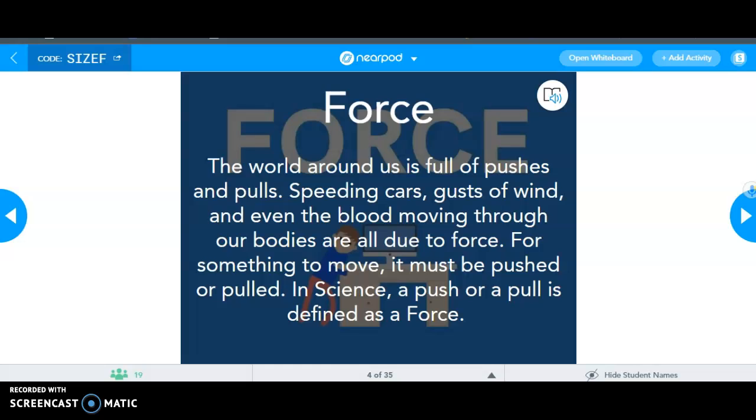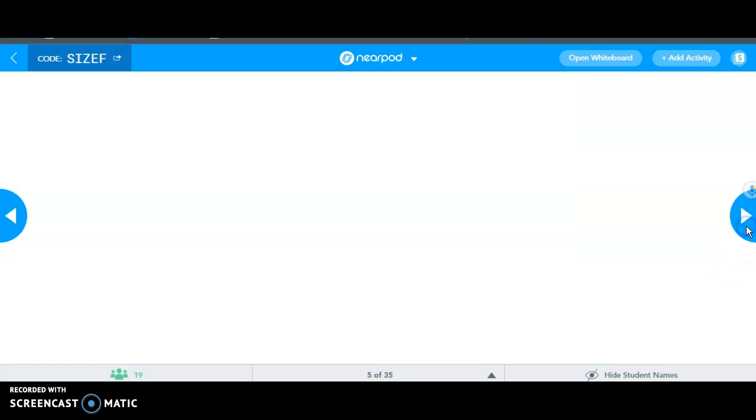Remember yesterday when we rubbed our hands together and we could feel the heat building up on our hands, right? That's friction. Friction is when two things are rubbing together and they're trying to kind of stop each other because friction slows things down. If we are on a wet floor, Hunter, it's a little harder for us to stop because there is less friction. There is still some, but there is less friction over there because friction is that other vocabulary word we talked about yesterday that slows things down.